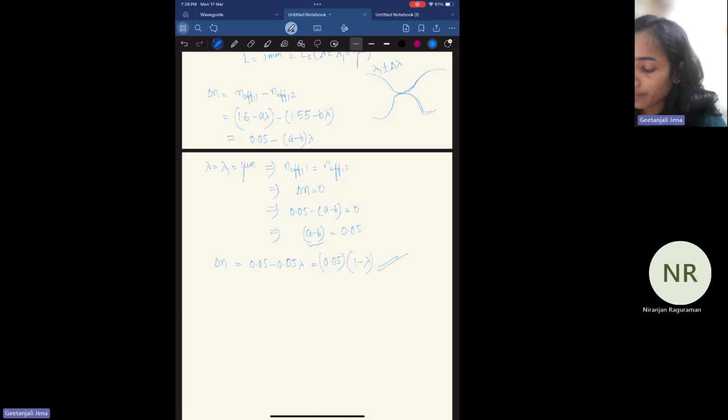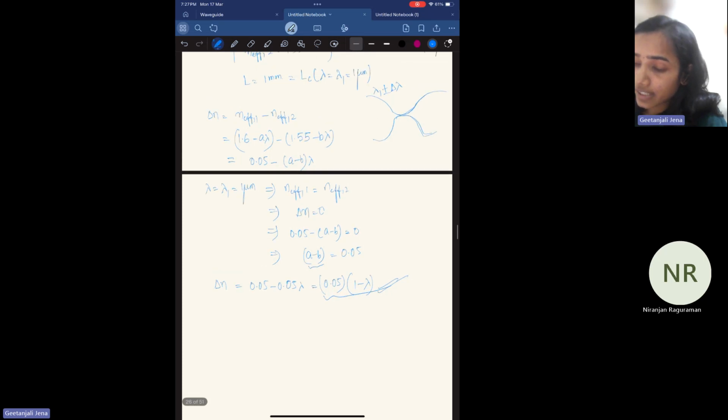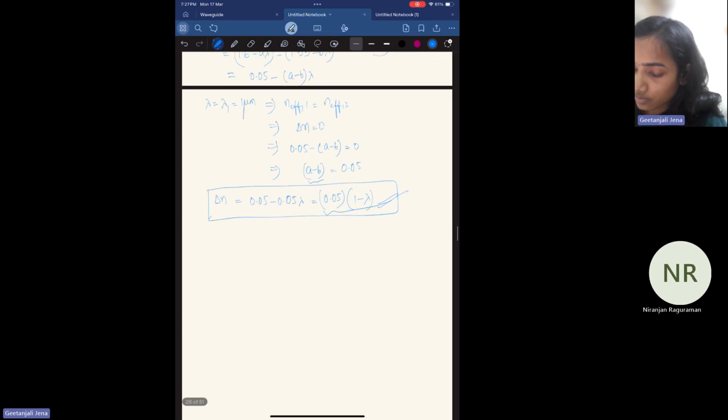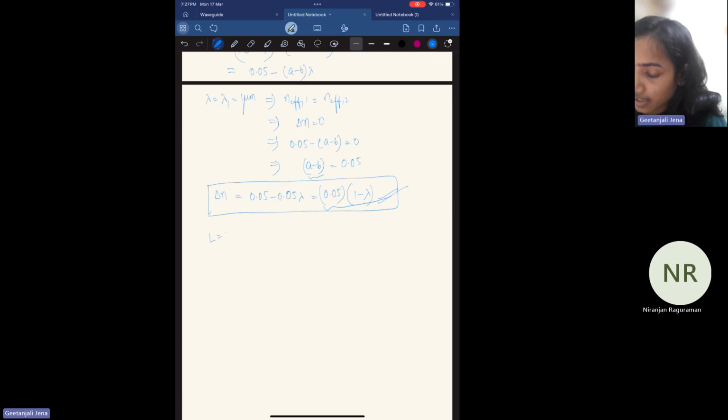Okay, so now we have rewritten delta n in terms of lambda, and we have omitted the value of A minus B. The second information that is given is the interaction length. L is 1 mm, and it is equal to LC at lambda equal to 1 micrometer.